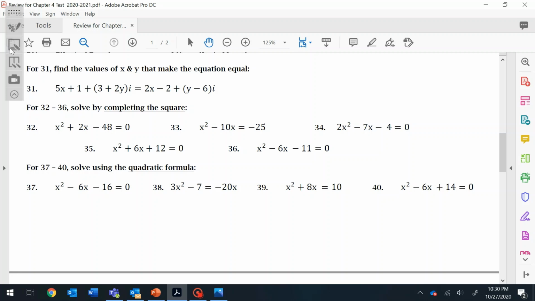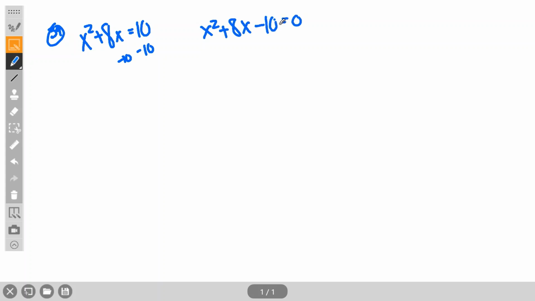39, x squared plus 8x equals 10. So it needs to be in standard form, so we'll put the 10 on the other side. So x squared plus 8x minus 10 equals 0. A is 1, B is 8, C is negative 10.